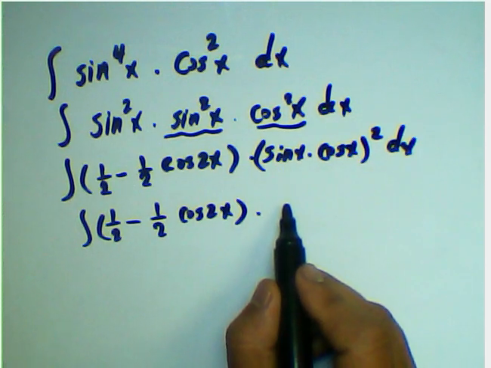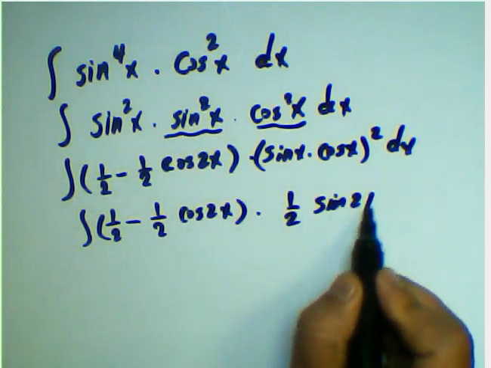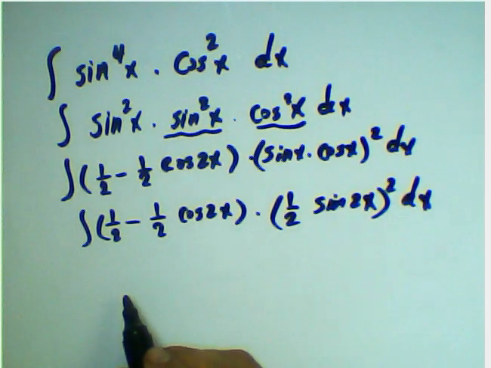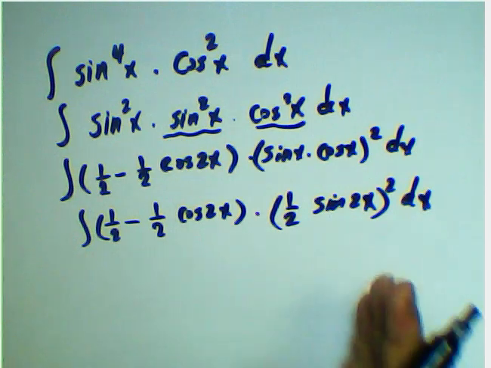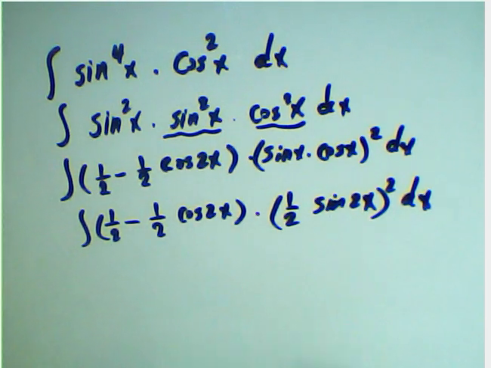It means half of sine 2x, half of sine 2x all power 2 dx. And we have here half and half. We can write the half coefficient outside.